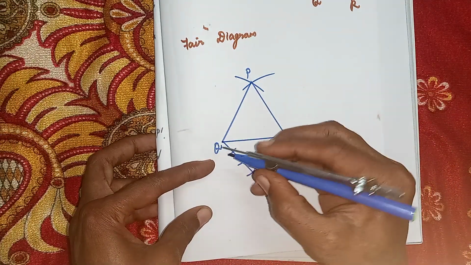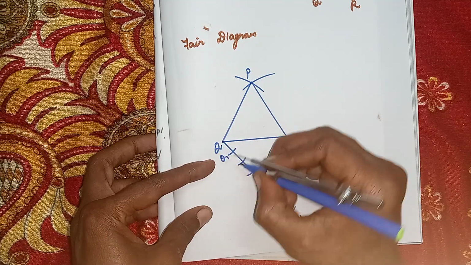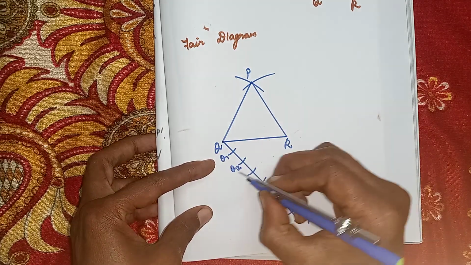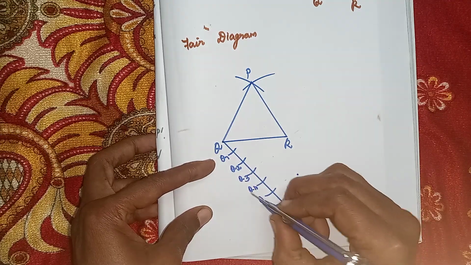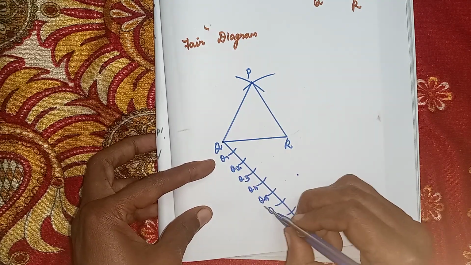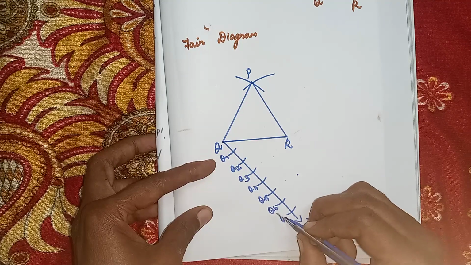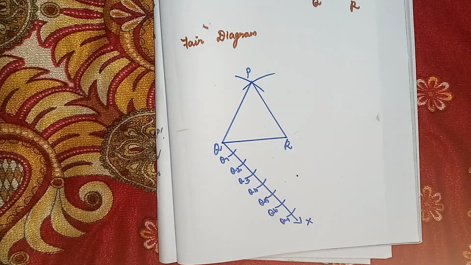Here the point is Q, so I am writing Q1, Q2, Q3, Q4, Q5, Q6, Q7. We want to divide into 7 parts.